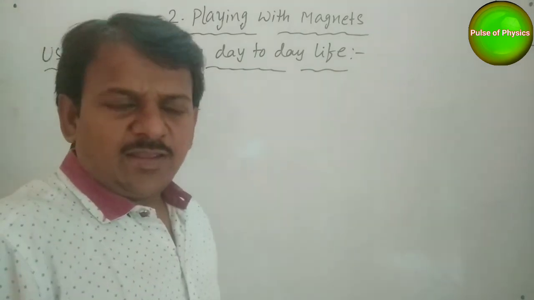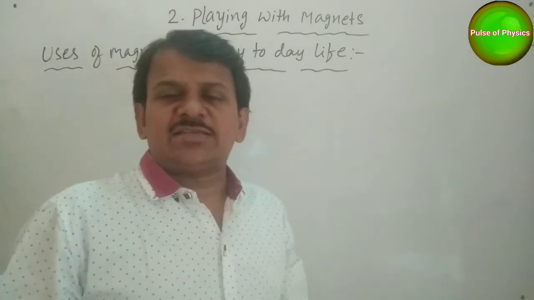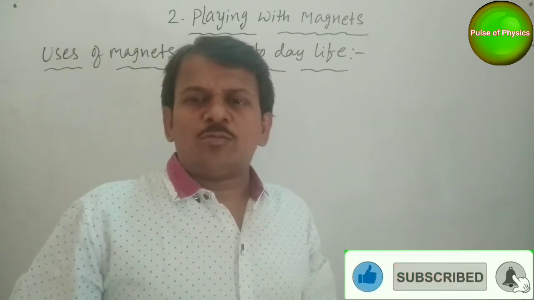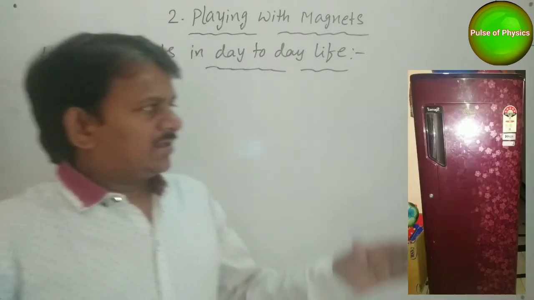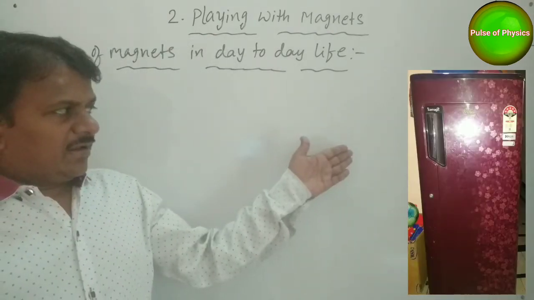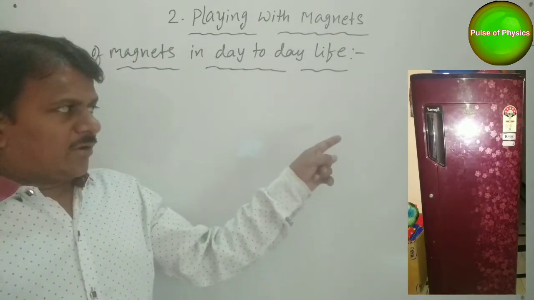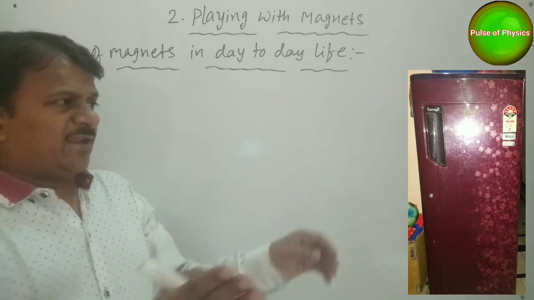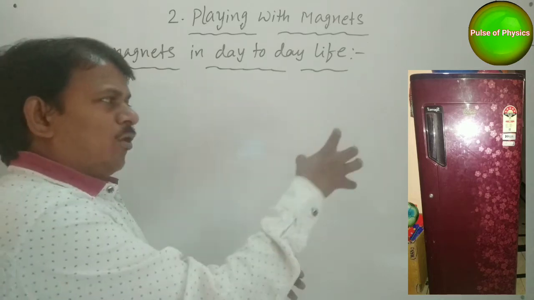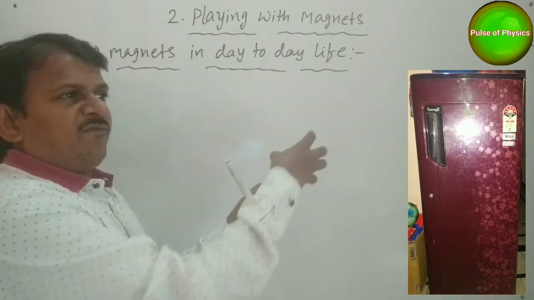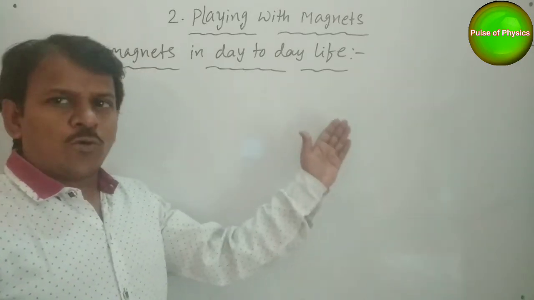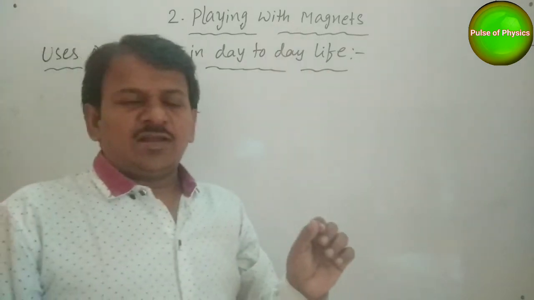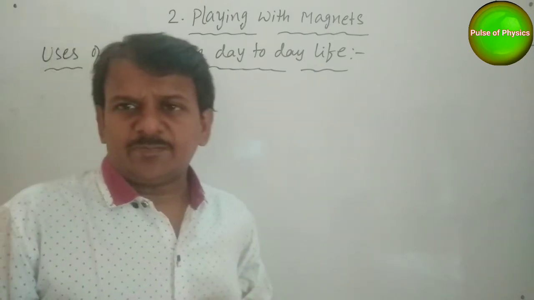Yes, at various places we use magnets. Generally in our homes, the fridge door contains a magnet at its edge. That's why when you close the door, it holds the door with the help of the magnet and it stays closed. Next, window doors contain magnets.